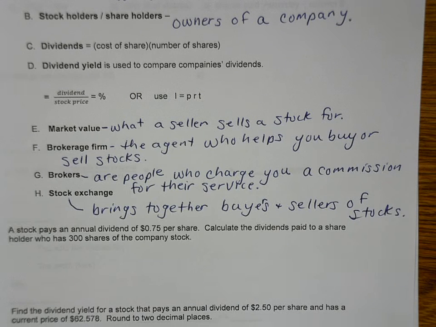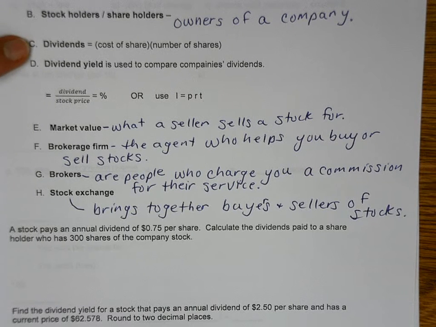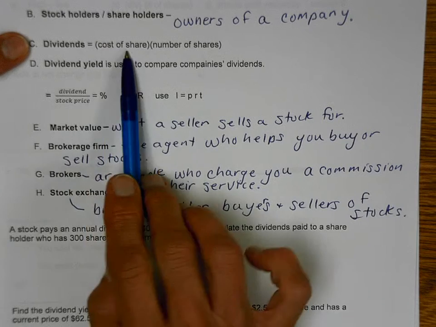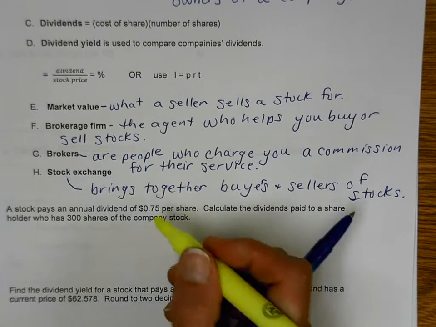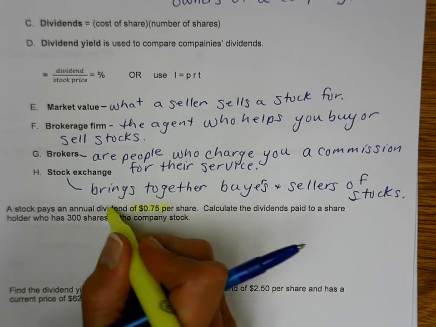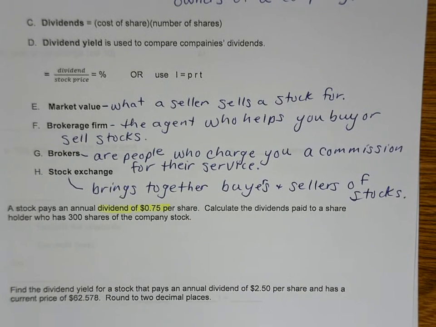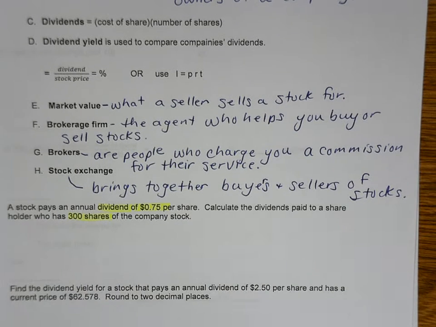The first thing we're going to do is calculate a dividend. We're going to be looking at this formula right here. Let's take a peek at this problem. A stock pays an annual dividend of 75 cents per share. Calculate the dividends paid to a shareholder who has 300 shares of the company stock.